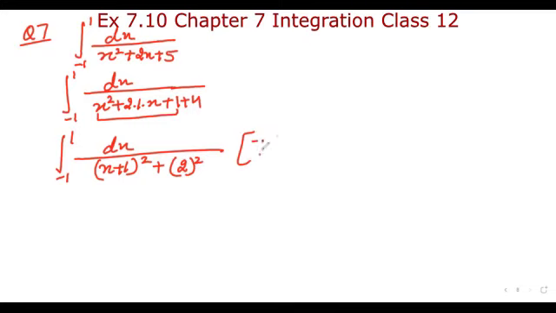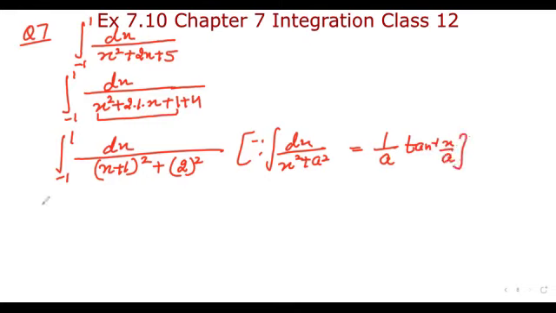We know the formula: integral dx upon x square plus a square is 1 upon a tan inverse x upon a. So 1 upon a tan inverse x upon a. Now put the limit minus 1 to 1.